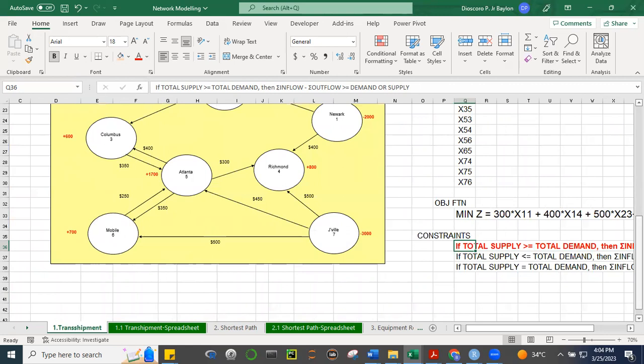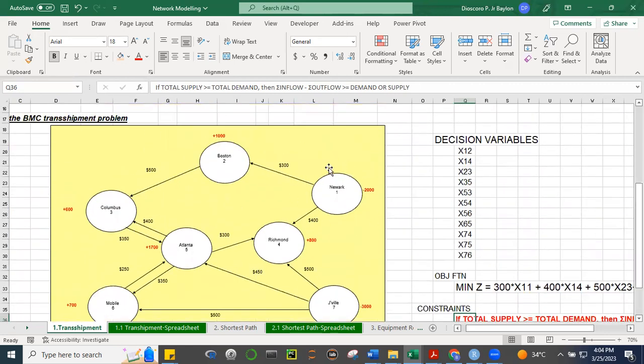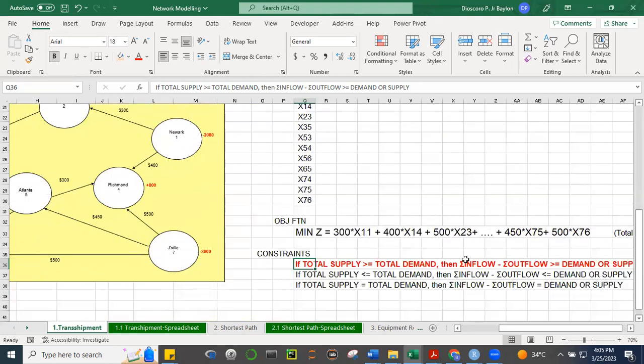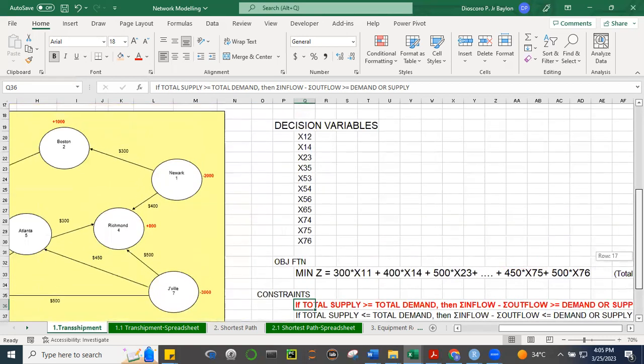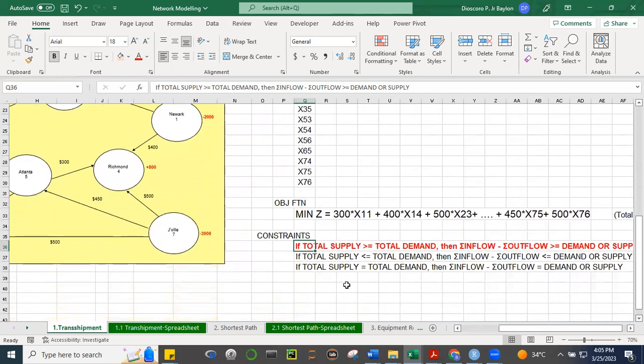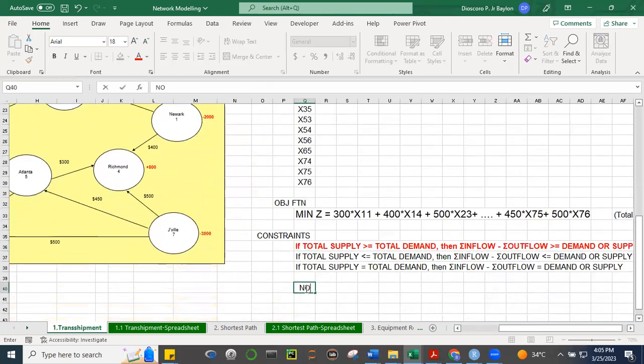So for node number 1, what are the inflows coming here? None, right? No inflows for node number 1, so this should be 0. And then what are the outflows? Minus the outflows. So the outflows are X12 and X14.